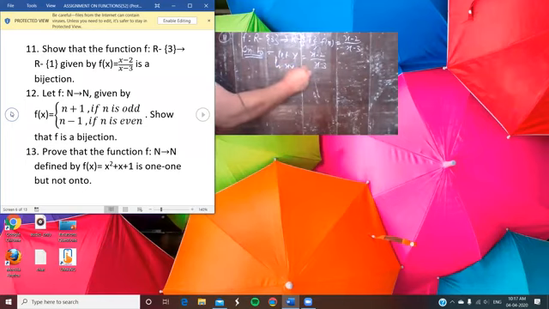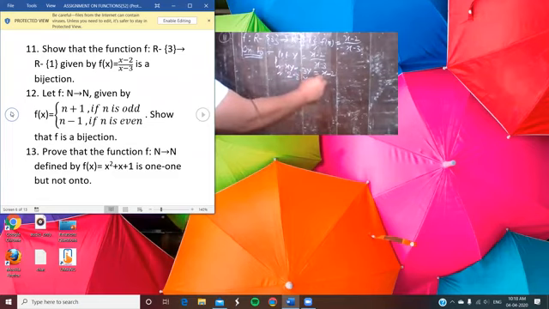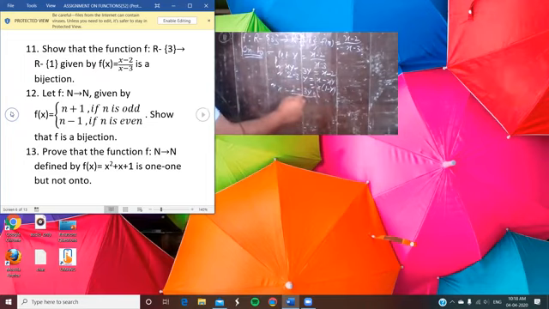So xy minus 3y is equal to x minus 2, or you have 2 minus 3y is equal to x minus xy. Taking x common, you have x(1 minus y), so x is equal to (2 minus 3y) divided by (1 minus y).